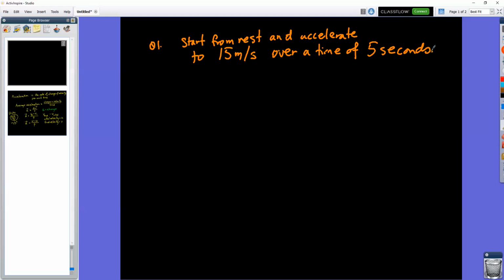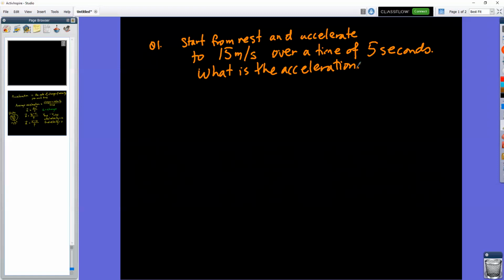Okay, so we want to find the acceleration if we go from rest to travelling 15 meters per second, and it takes us 5 seconds to get there.